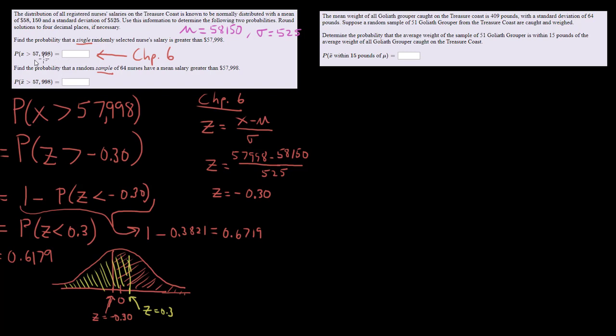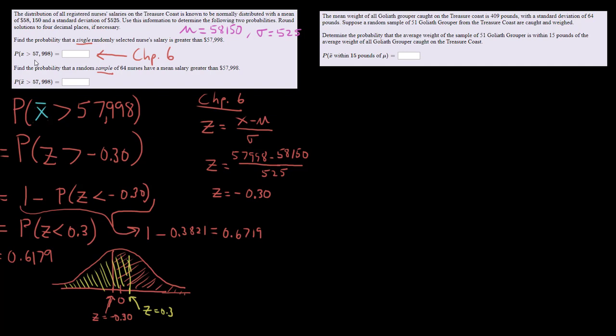Instead of having an X there, we're no longer talking about a single observation. Now we're talking about an X bar, because we're talking about the mean of a sample of 64. We're not talking to a single registered nurse.